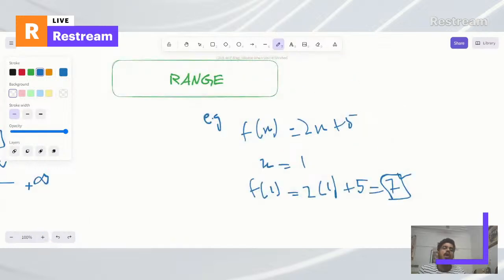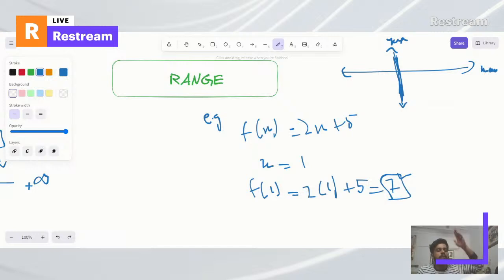So range tells us how far along the value of the function can go. In terms of the graph, this horizontal one is the x-axis, and this one is the y-axis. Range tells you how much my graph moves in the vertical direction: how large it can get, how negative it can get.